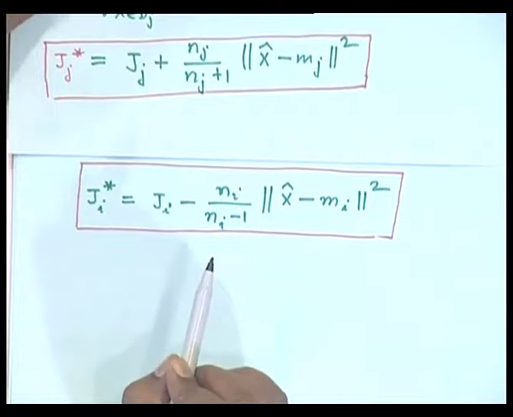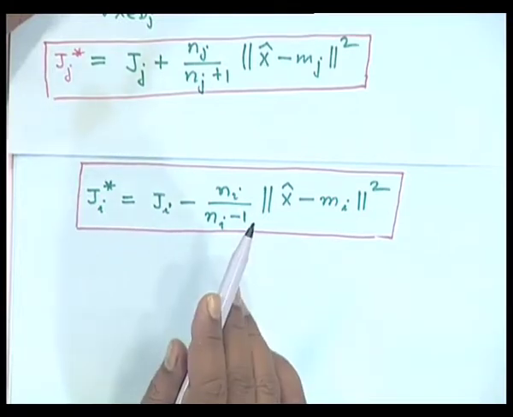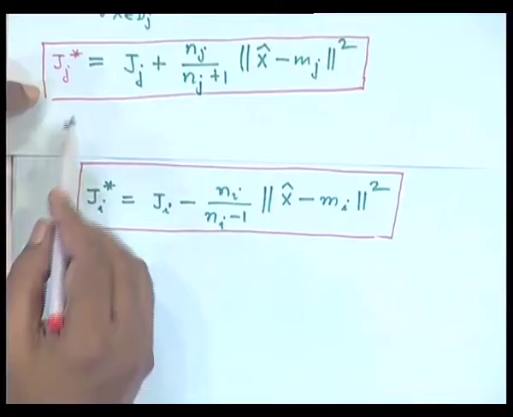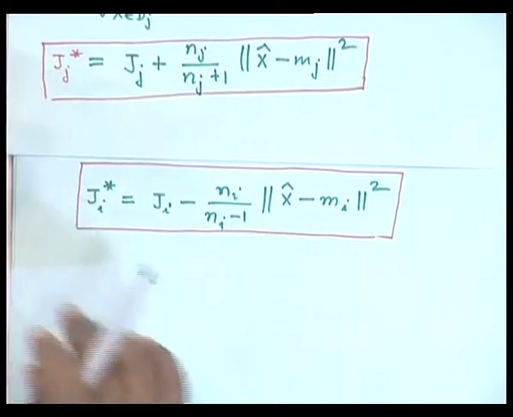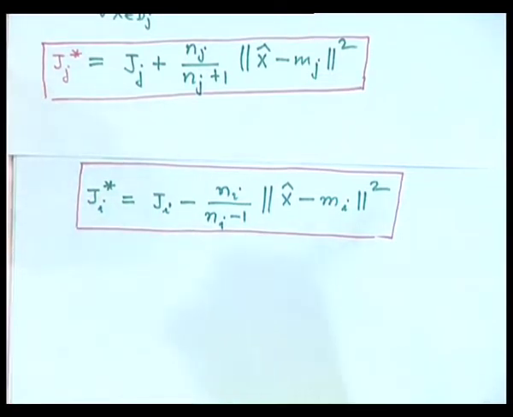So, this transfer of x hat from the ith cluster to jth cluster will be profitable in the sense that it will reduce the total error, because total error is nothing but the sum of these two errors. It will reduce the total error if the reduction in the error in the ith cluster is greater than the increase of error in the jth cluster.